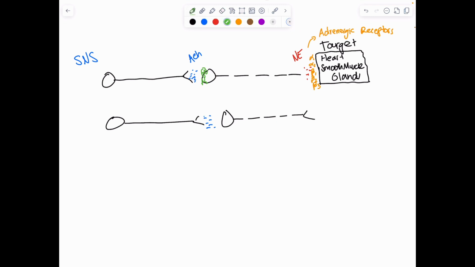We'll also have this N2. And this time it'll release ACH again, but this time its target are generalized sweat glands.